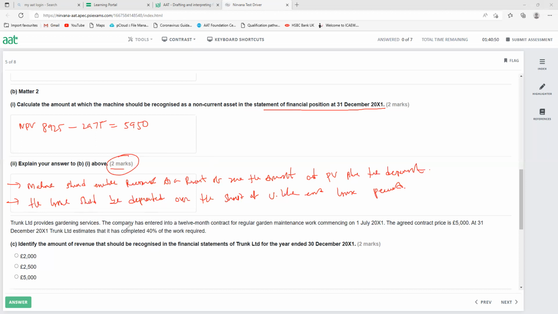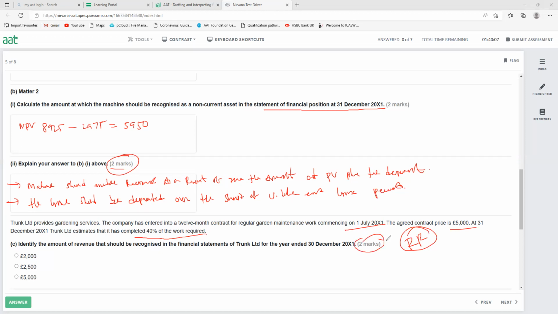Trunk Limited provides gardening services. The company has entered into a 12-month contract for regular garden maintenance work commencing on 1st July 2011. The agreed contract price is 5,000. At 31st of December 2011, Trunk Limited estimated that it has completed 40% of the work required. So this question is from revenue recognition, and this covers IFRS 15, and obviously there are a few more things you need to know, but this question is only for 2 marks.